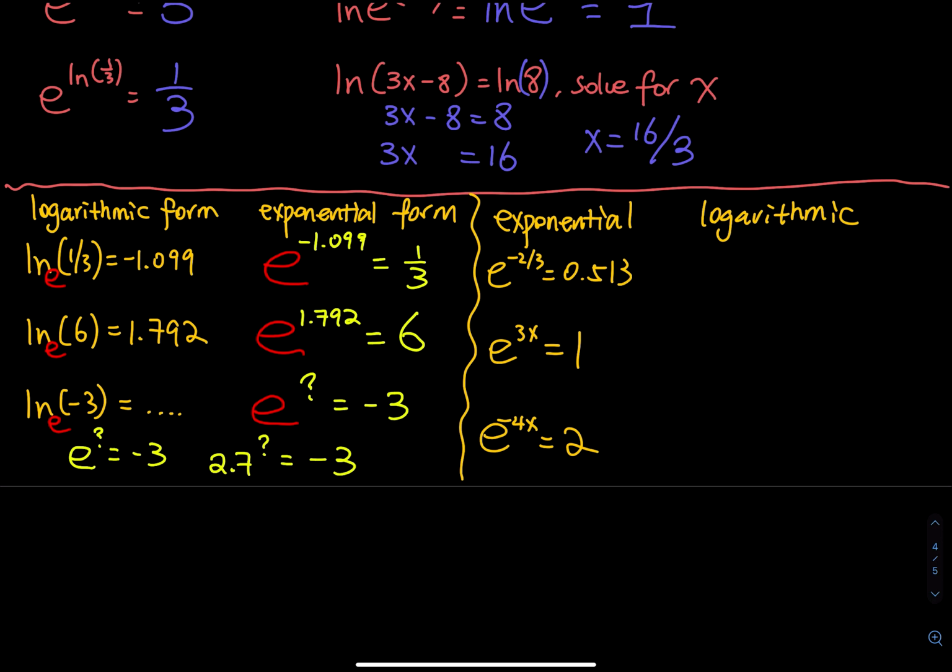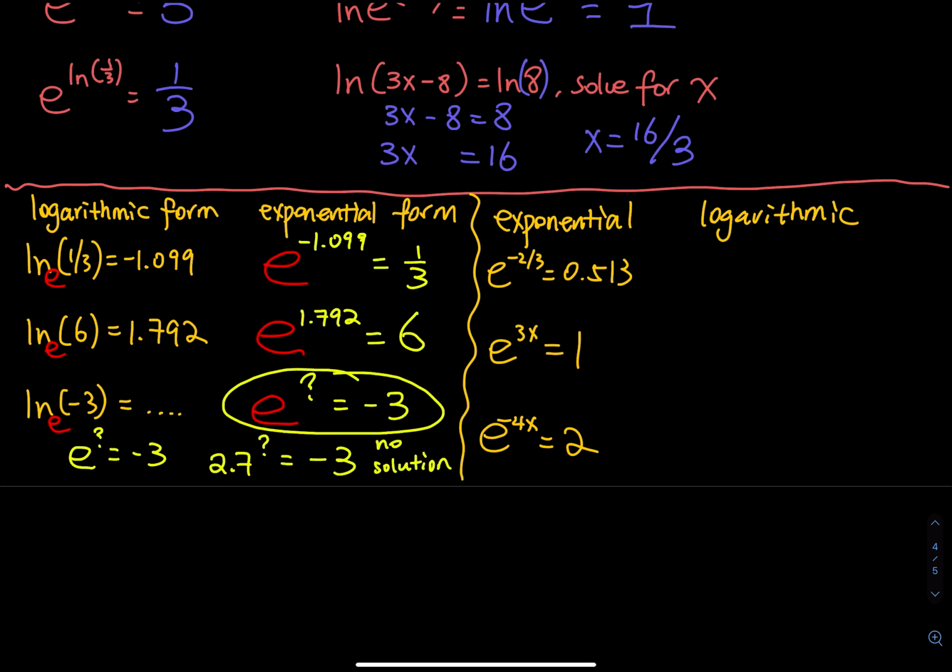Is this possible? The answer is no. So this one has no solution. Impossible. 2.7 is positive. Multiply it by itself a few times, you are not going to get a negative.